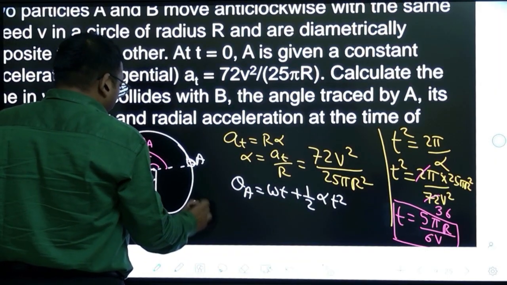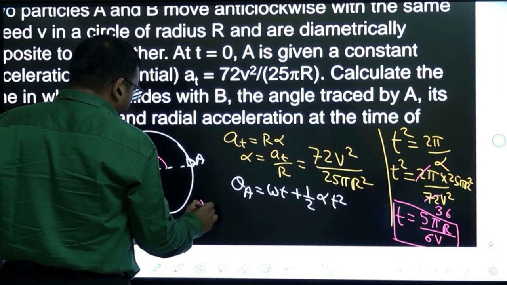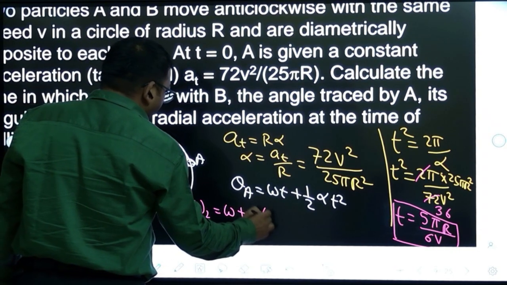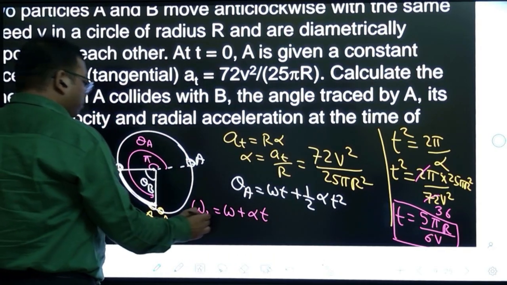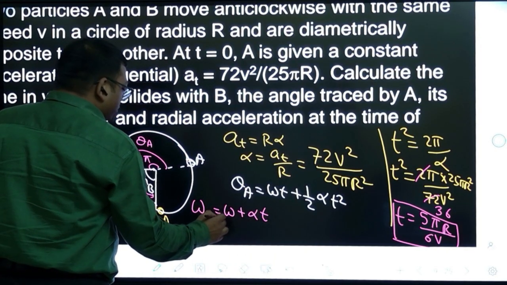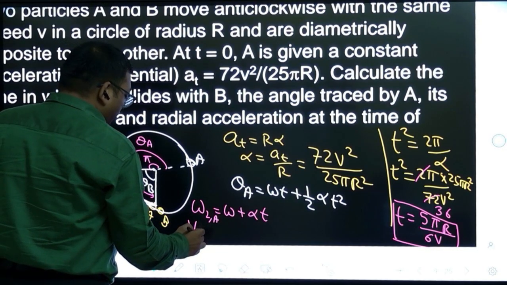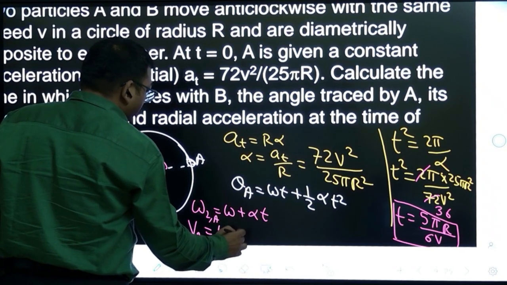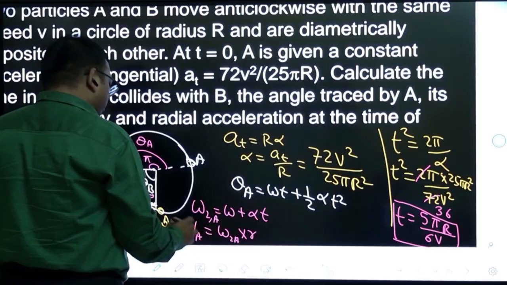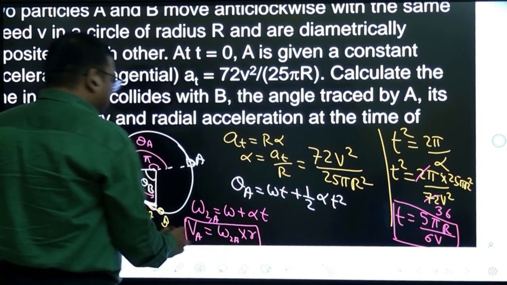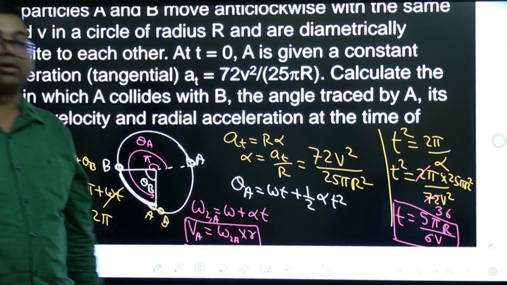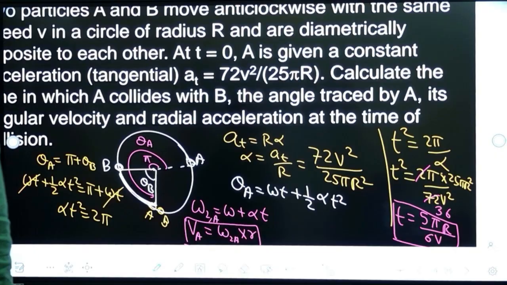So omega at that place, let us say final omega, is omega plus alpha into t. So this omega of A we can calculate finally. So once you calculate omega, v of A at that instance is final omega into radius. We can calculate this, right? Centripetal acceleration is omega square radius. So all calculations can be now done, right?